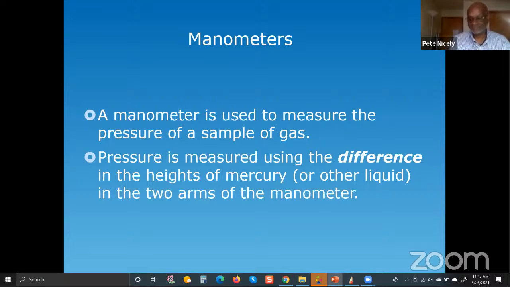If you look at the diagram for the setup of the manometer, you'll see that the pressure is determined using the difference in the height of the mercury or other liquid, but as I said before, mercury is the liquid of choice for reasons I'm going to explain later on, in the two arms of the manometer. So let me show you on the next slide what the manometer looks like.